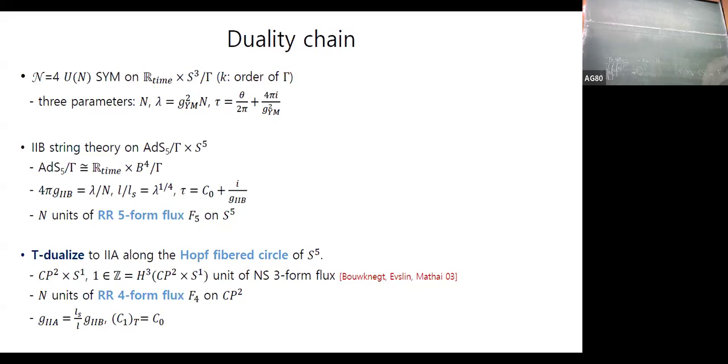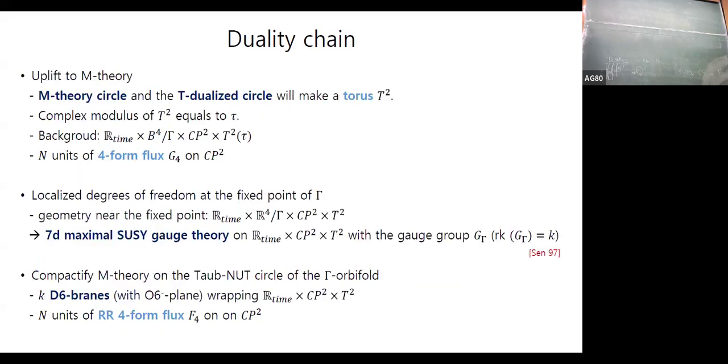One just follows the Buscher rules, and that's what I'm doing here. Then you lift to M-theory. The M-theory circle and the T-dual circle will make a torus, and the complex modulus of the torus is equal to tau. Now the M-theory background is time times the 4-ball mod Gamma times CP2 times torus, and we have four-form flux on CP2.